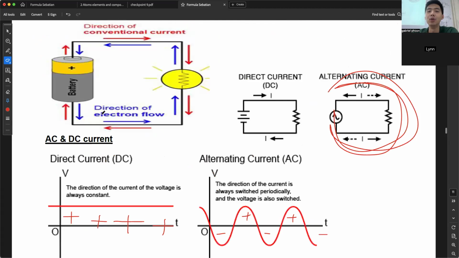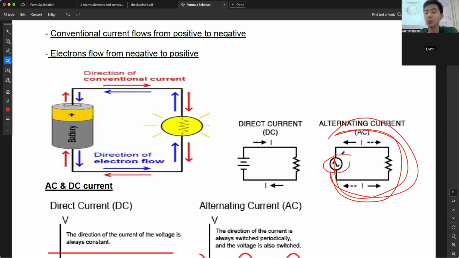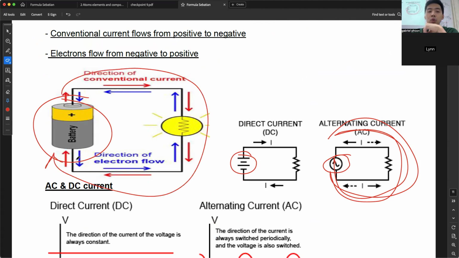For example, you look here, this is the electromotive force of the circuit. This is the electromotive force of the circuit. Whenever we talk about electromotive force, you just think about the power source of that circuit. And it's because of this power source that it allows current to flow in one direction due to the flow of charged electrons.